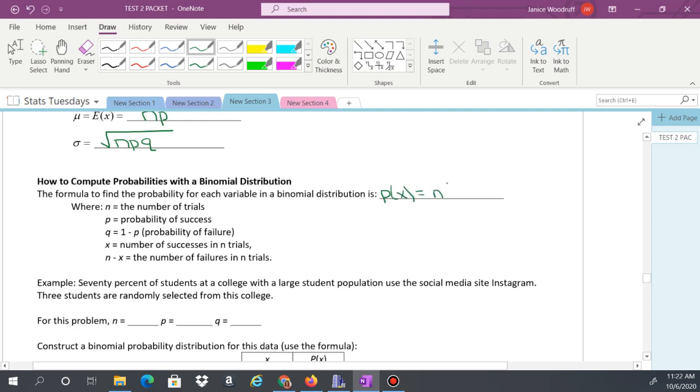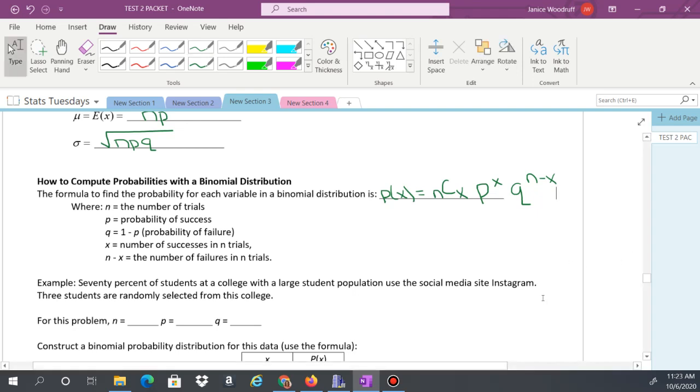So it's going to be nCx for your combination, and then p to the x, and then q to the n minus x, where n is the number of trials, p is the probability of success, q is the probability of failure, x is the number of successes in the trials, and n minus x is the number of failures in the trial.